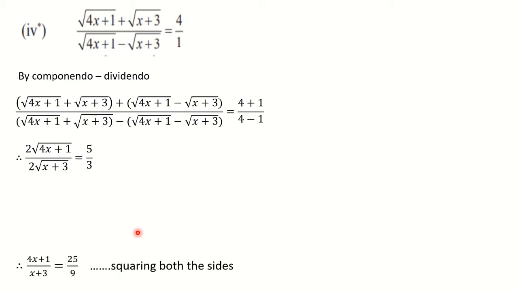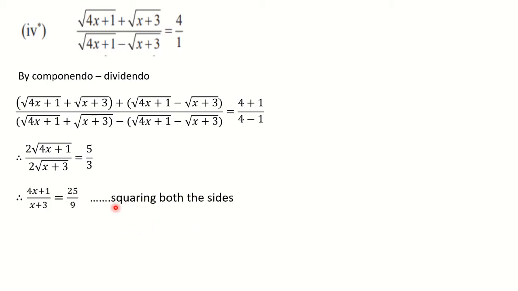After squaring, the square root will get cancelled and we will get the radicand, that is 4x plus 1 in the numerator and in the denominator x plus 3. And the square of 5 is 25 and the square of 3 is 9. Since the square root was present, to remove that we have squared both the sides.